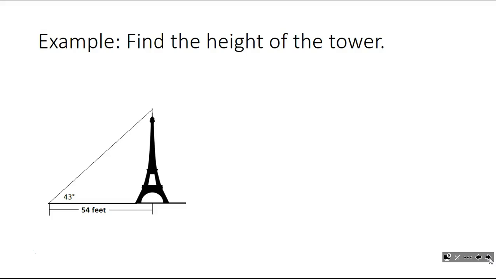And suppose we started out underneath the tower and we paced out a distance of 54 feet. And then we turned and we looked up. We saw that we had to look up 43 degrees to see the very tip top of the tower there. That's called an angle of elevation. If you were standing like on a mountaintop and looking down, you would call it instead an angle of depression.